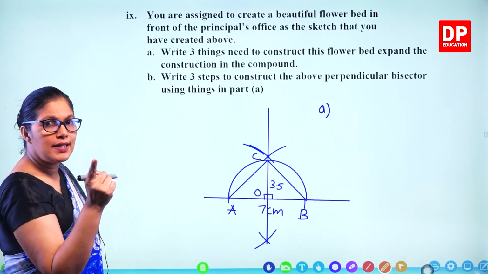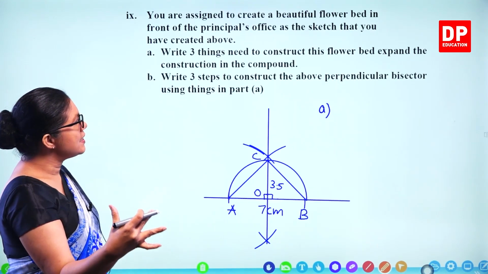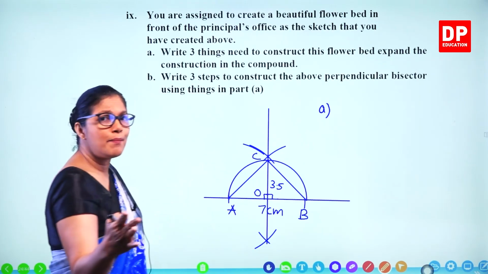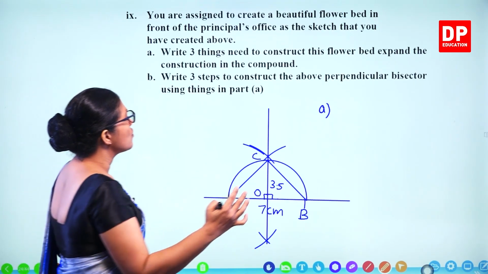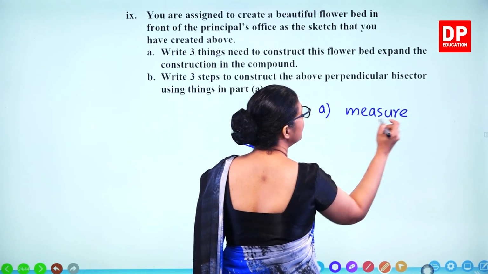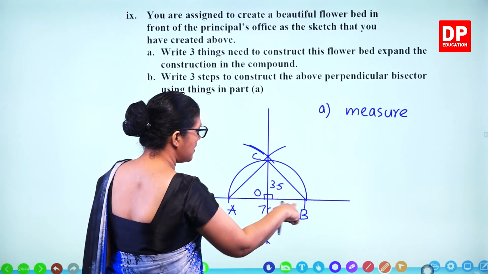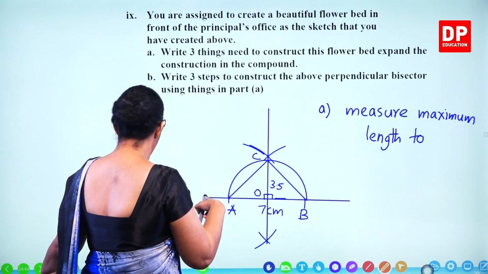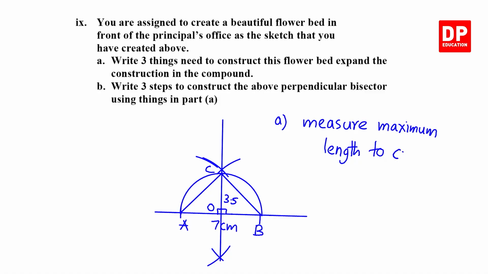You need to measure the space in meters, because we need to see what's the maximum length there. Measure the maximum length to consider as the diameter of the circle.